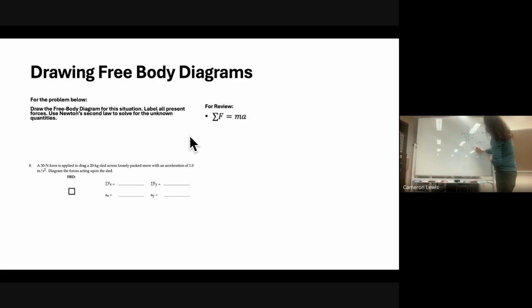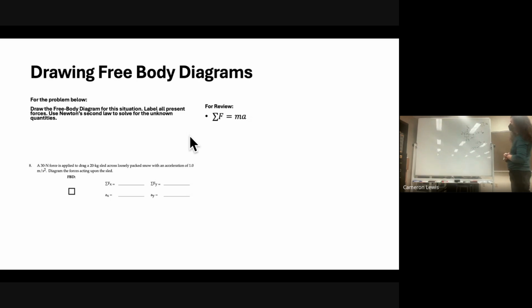Now, we know the acceleration is how much? 1 meter per second squared. And the mass is how much? 20 kilograms. So that means it's 20 newtons. So now we know the sum of the forces is equal to 20 newtons, right?